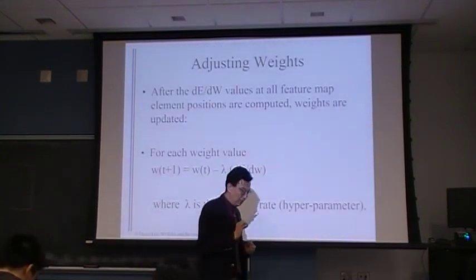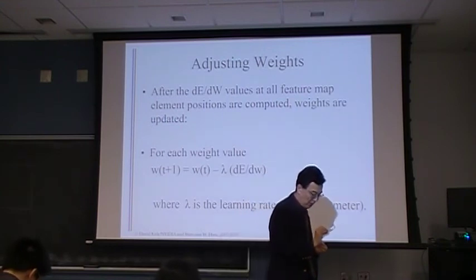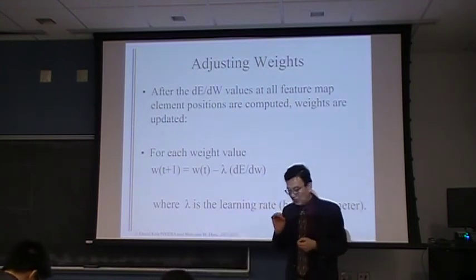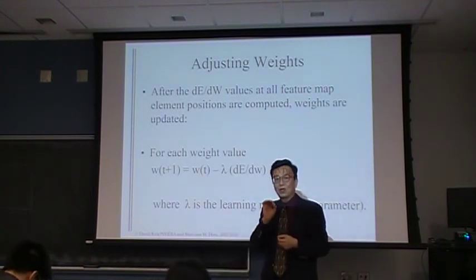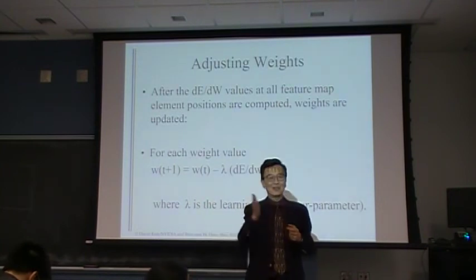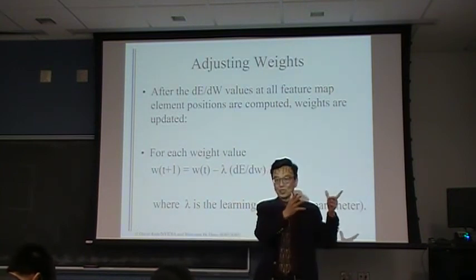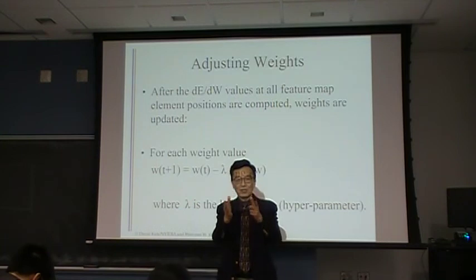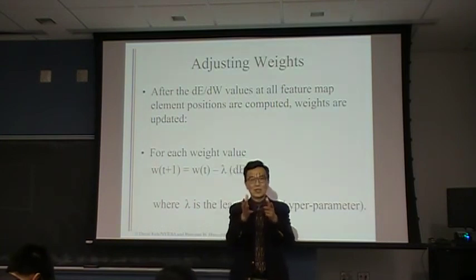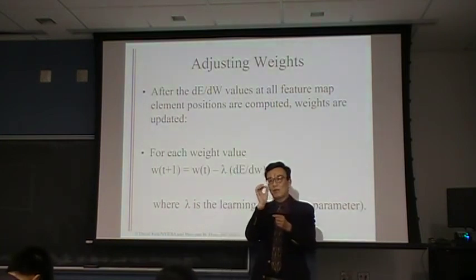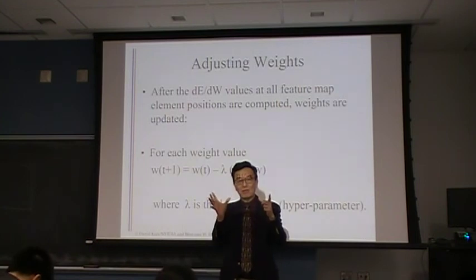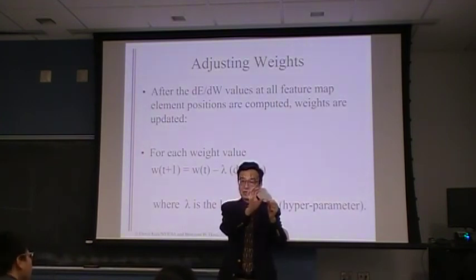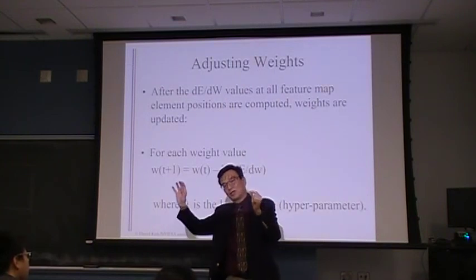So now we have figured out delta E, delta W for all the filter elements, right? With all that convolution calculation, you have all the delta E, delta W's. And every element of that big matrix tells you the importance of the filter value for the error, right?